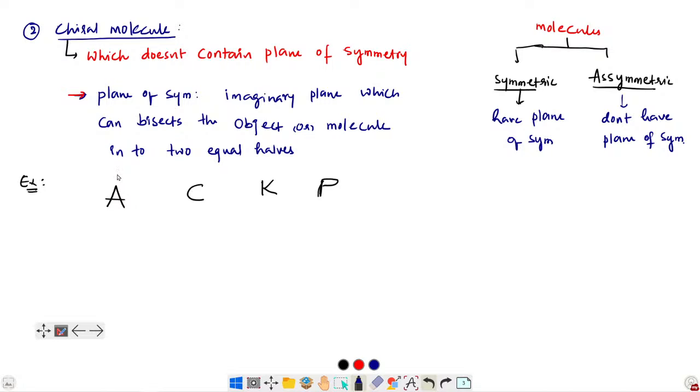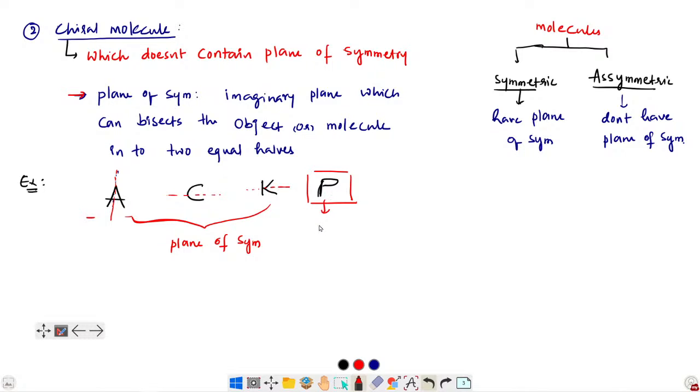if I pass a plane like this, this half and this half are mirror images. If I pass a plane like this, and if I pass a plane like this, so these three contain what? Plane of symmetry. And here this P does not contain, we cannot divide into two equal halves, right?